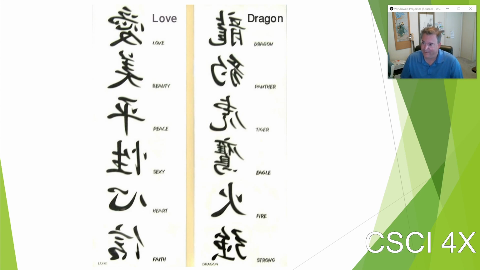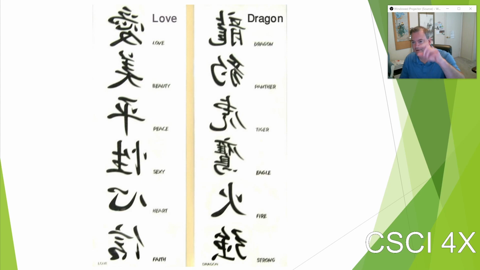If you go to Japan, they just put random English words on things, and to me, it's the equivalent of English speakers getting kanji or Chinese tats that they don't really know what it says. Yeah, they just walk around with random words on their T-shirts and things like that, and it's kind of funny.